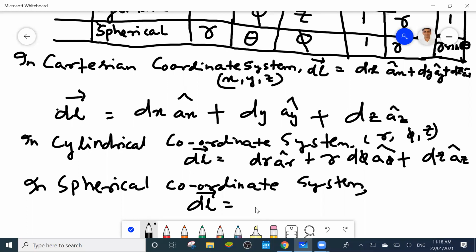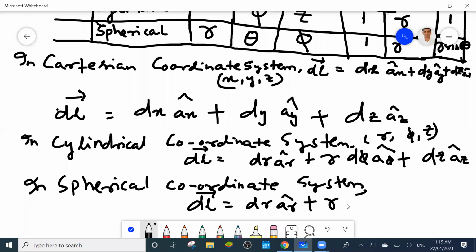What is the value of H1? 1, so you can write that as dr. What is the H2 value? r.